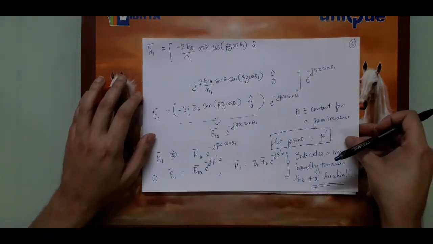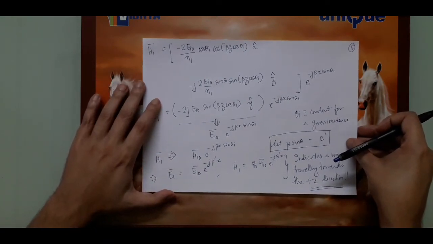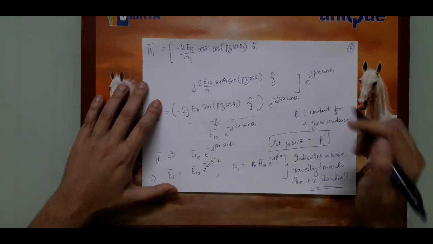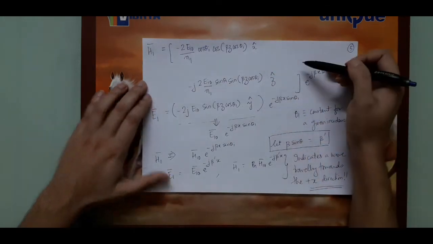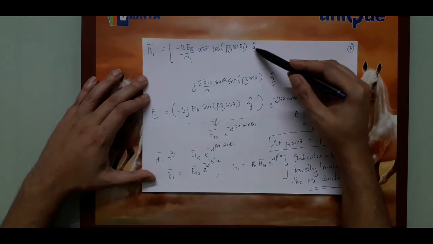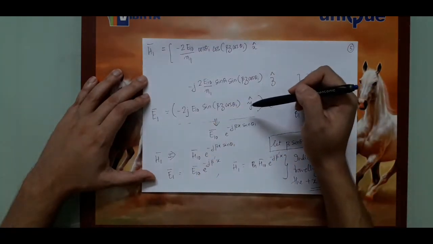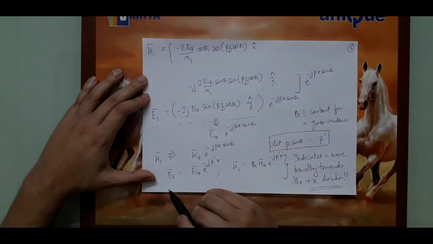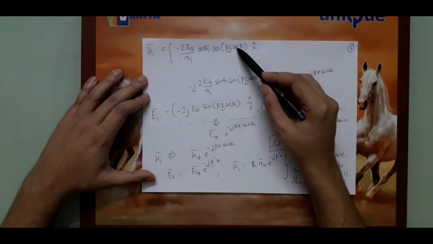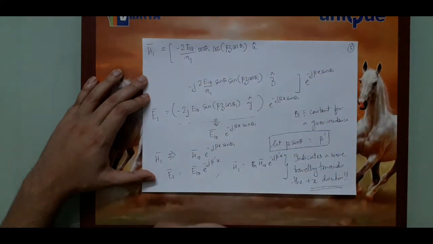Now what is happening is that we see that the field components of x, z and y, in case of H we have components on the x and z axis. In case of the E, we have the field along the y-axis. The magnitudes of those components are all functions of z. You can see that.